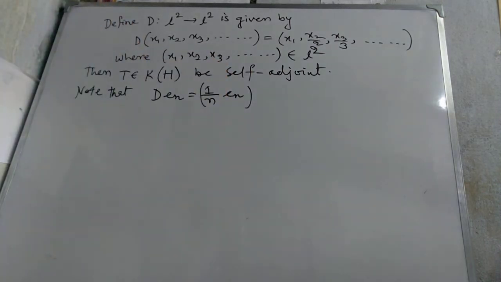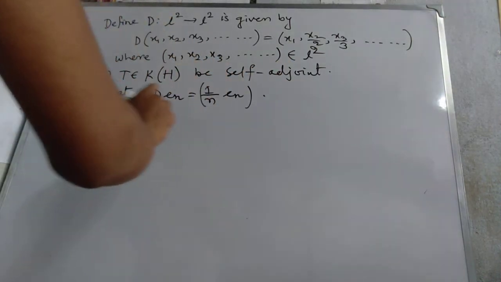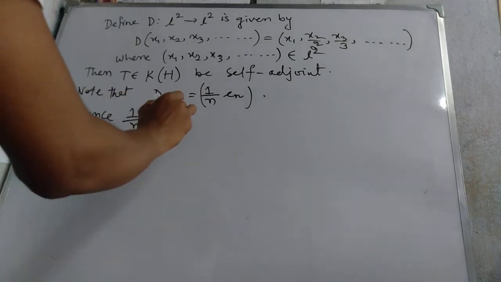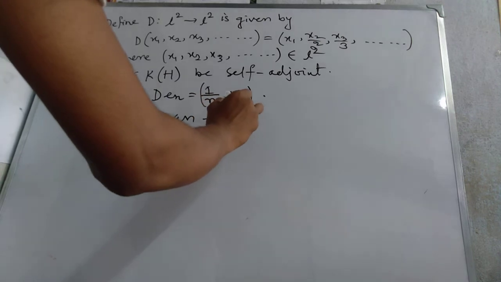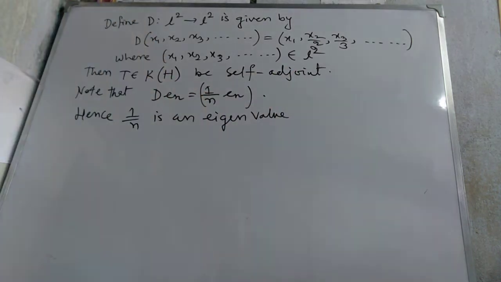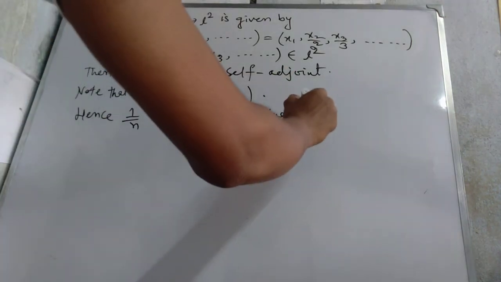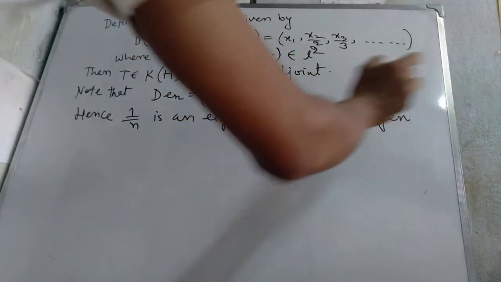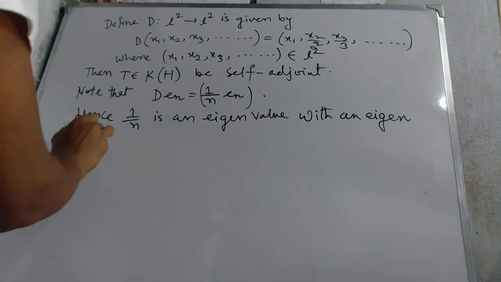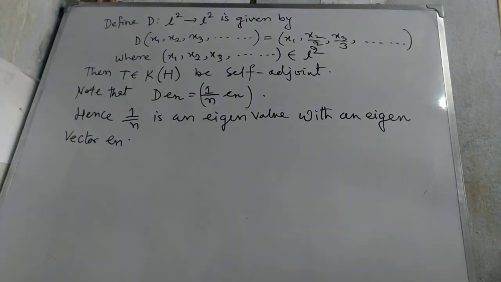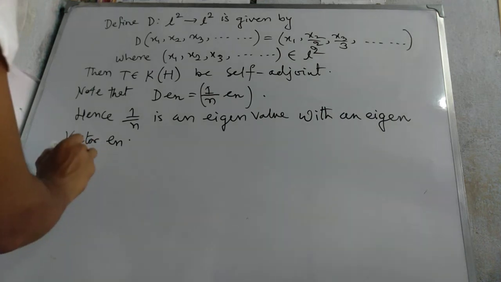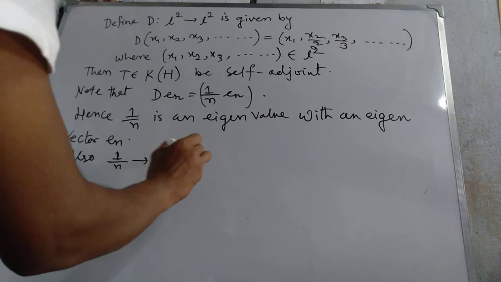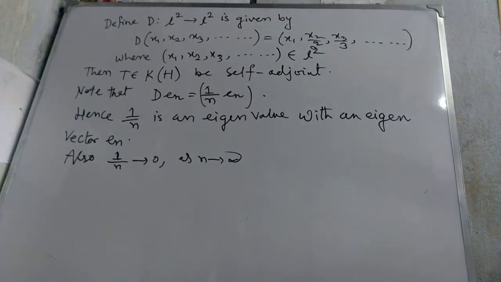Hence 1 by n is an eigenvalue with an eigenvector en. Also 1 by n tends to 0 as n tends to infinity.